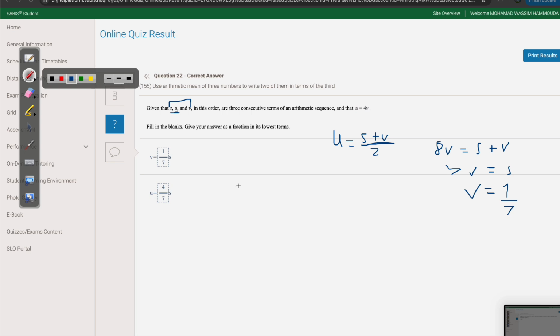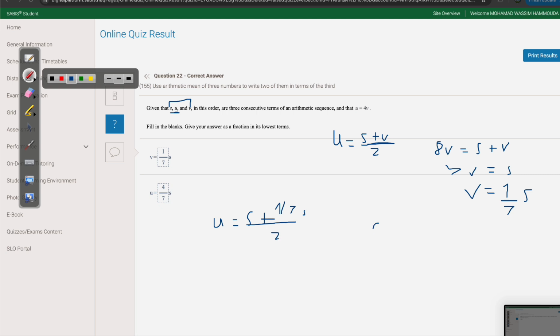And then we're going to do the same thing all over again, right? So U is equal to S plus V over 2. We found what V is, so U is equal to S plus 1 over 7 S, over 2.